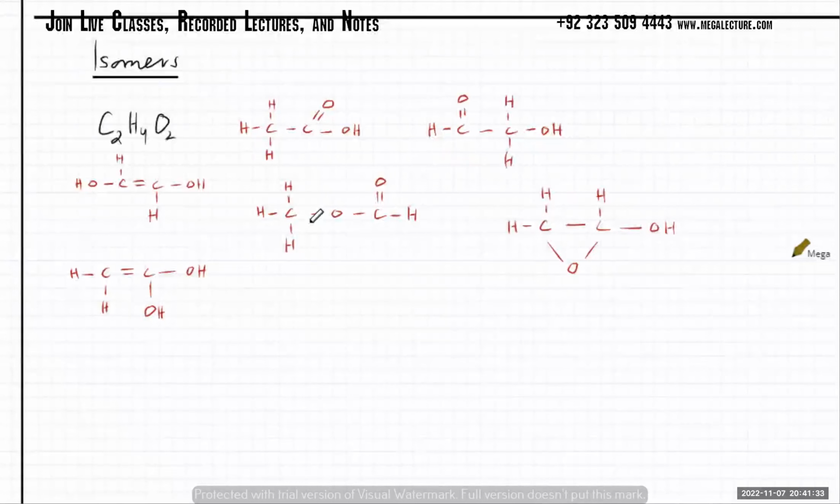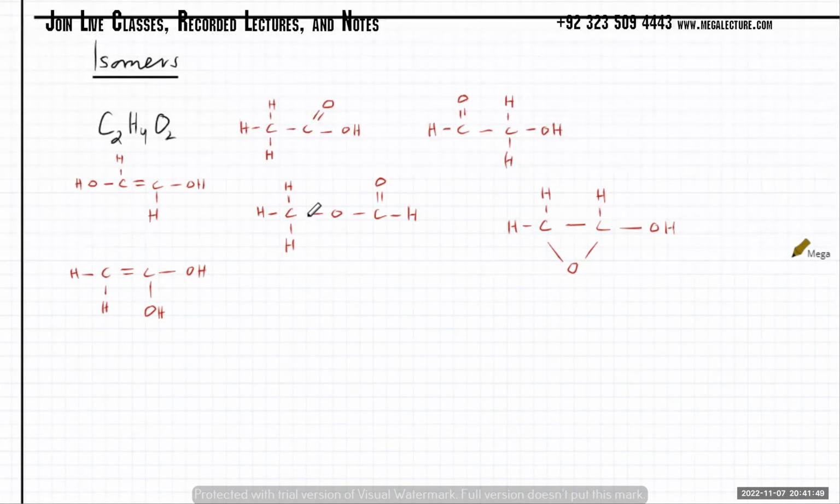So you could have a cyclic molecule, and that's also C2H4O2, I think. Structurally fine. What else? I guess that's probably it. So is the idea clear, why do we study isomerism?